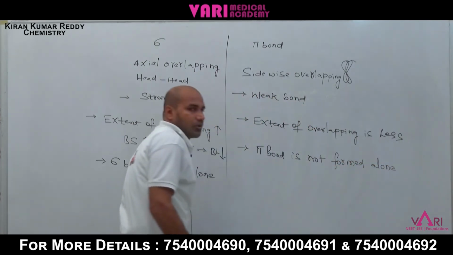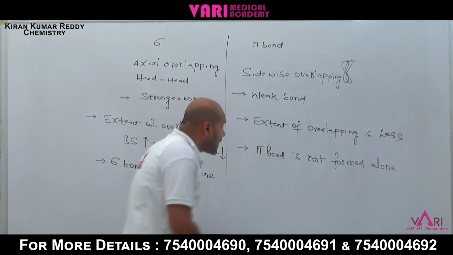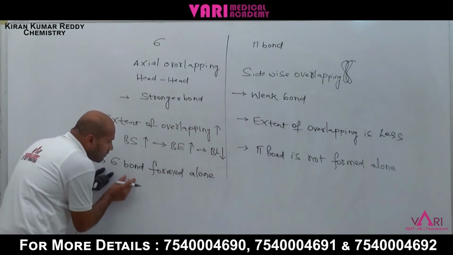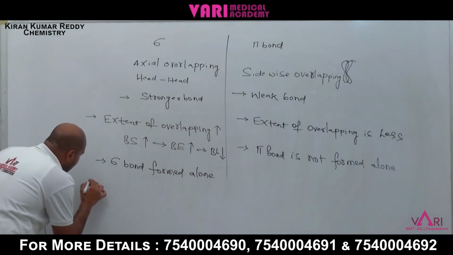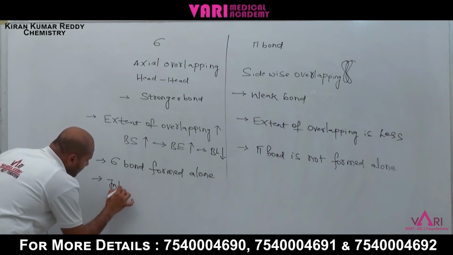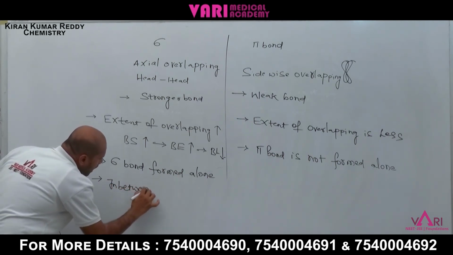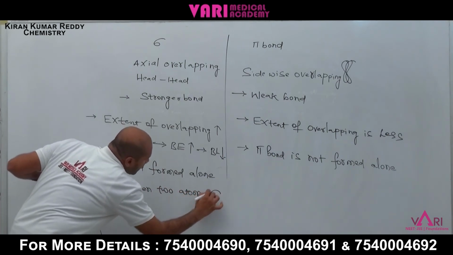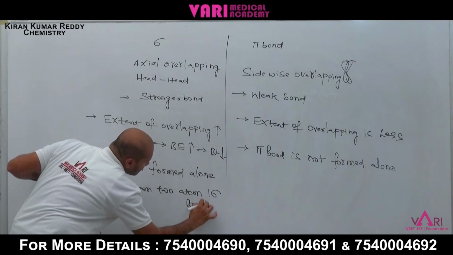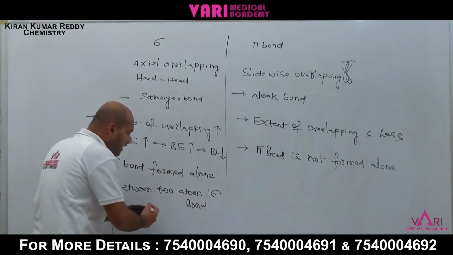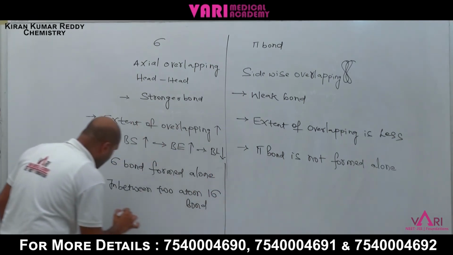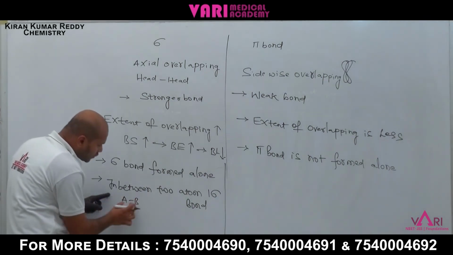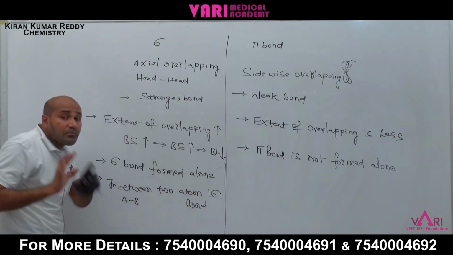Alone it is not possible. After sigma bond formation only, pi bond is formed. Between two atoms, one sigma bond is possible. For example, A and B, how many sigma bonds? One sigma bond.